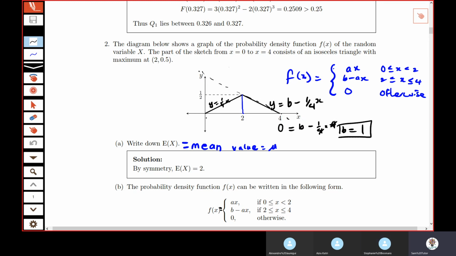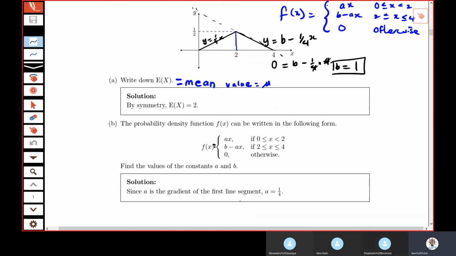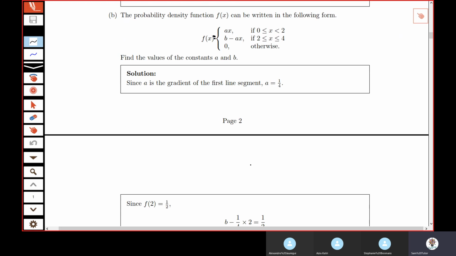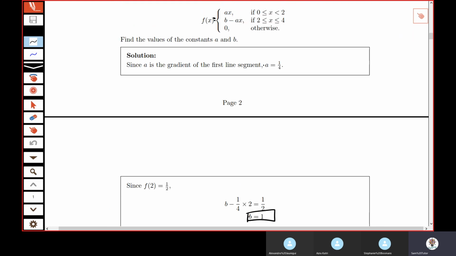But you've got to know that you're not really going to solve simultaneously. It's more about subbing in your points. So b is equal to 1, sorry, and a is a quarter.